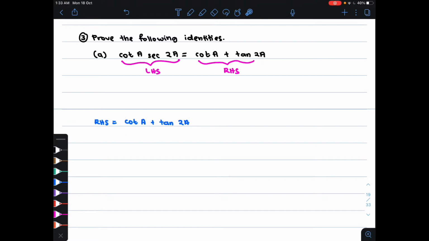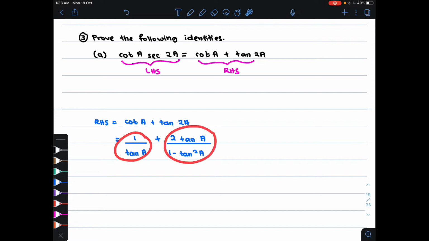Cotangent A is 1 over tan A, and tan 2A is 2 tan A divided by 1 minus tan squared A. Final answer should only have one term only. So here we have two terms. So I'm going to combine these two terms to get one term only.